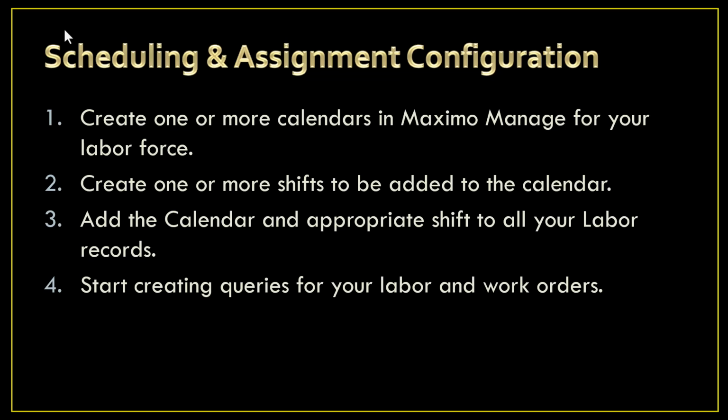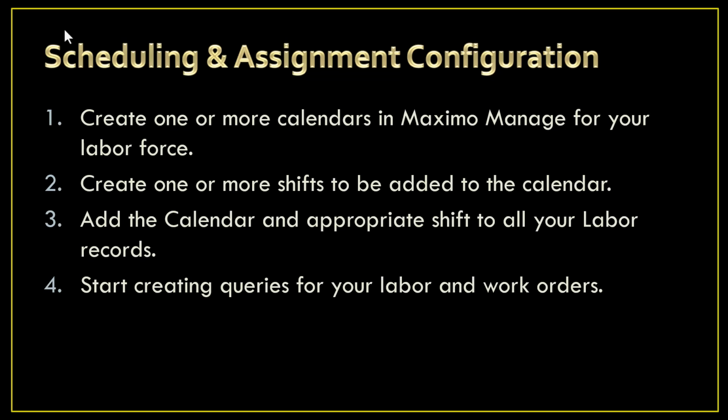Once you've created those calendars and the shifts, then you go into all of your labor records for all the people that you're going to be scheduling work for. That labor record is where their crafts are assigned to them: what is their default craft, what they do all the time, and if they have any additional crafts that they can be assigned work.